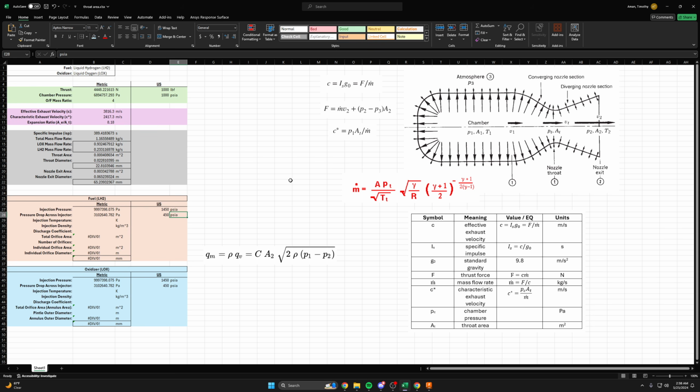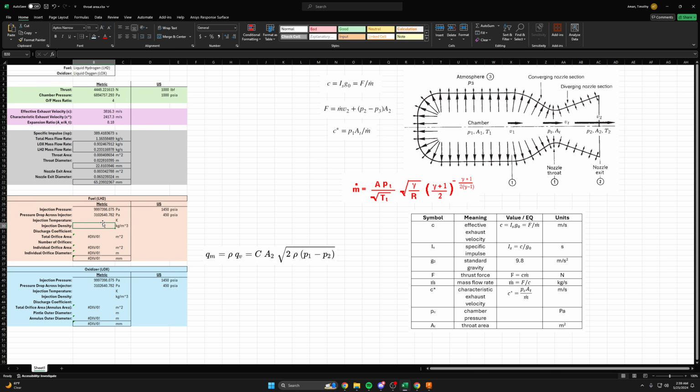The literature will tell you that a typical safe pressure drop is about 20% of the chamber pressure. So you want your upstream pressure to be at least 20% higher than your chamber pressure. And you can see that we have exceeded that, so we have a nice margin to play with here.